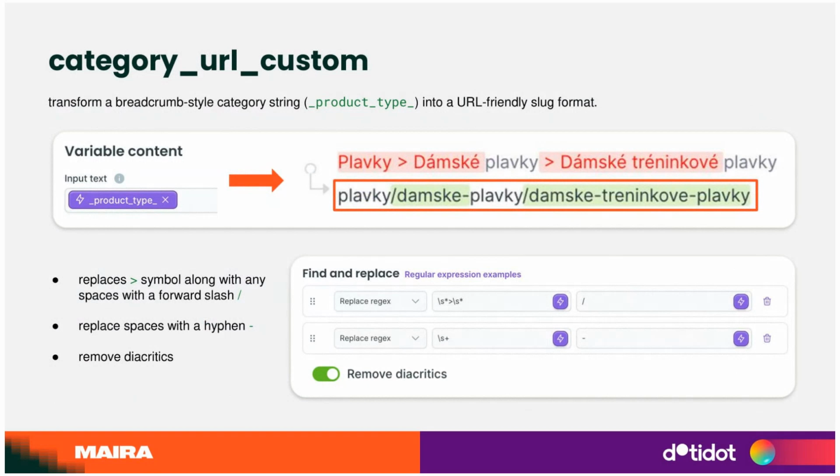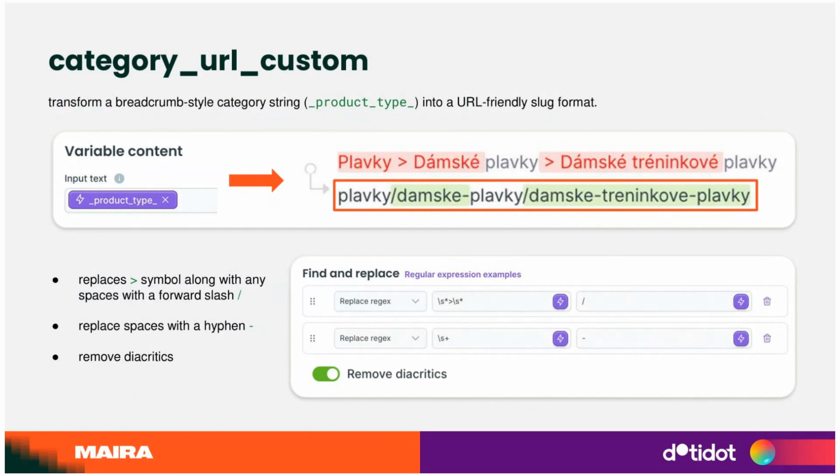We don't have a domain there, but we use product type as an input. You can see it on the top in red color, and we remove diacritics, spaces, and other things. This is what works for me.